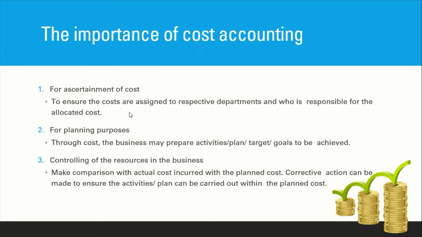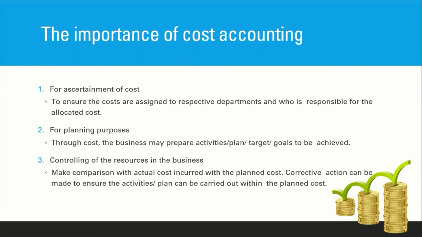Okay, so in this slide you can see the importance of cost accounting. There are three importances of cost accounting. First is for the estimate of costs, which is to ensure the costs are assigned to respective departments and who is responsible for the allocated costs.